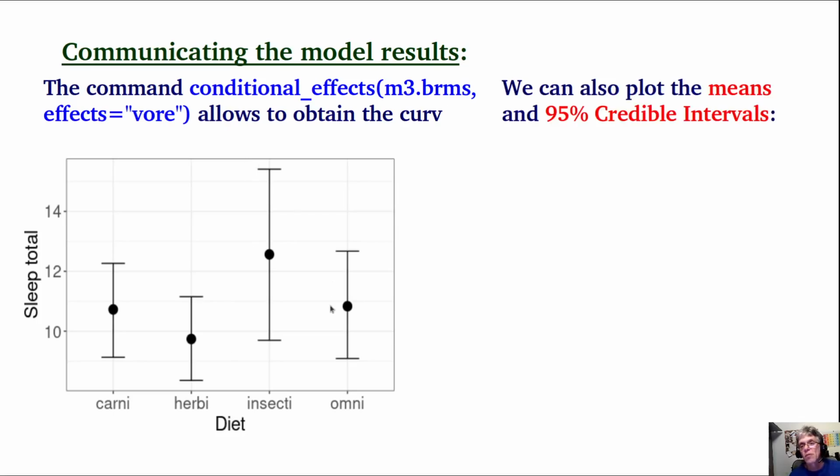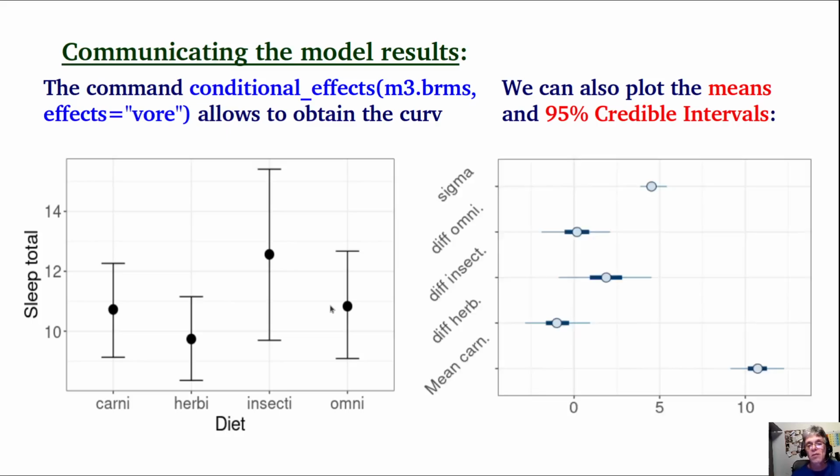We can also show the means and 95% credible intervals of the model parameters this time. Here we have the mean of the reference group, the differentials of the means relative to the reference group for each of the three diets, and the standard deviation of the response variable.